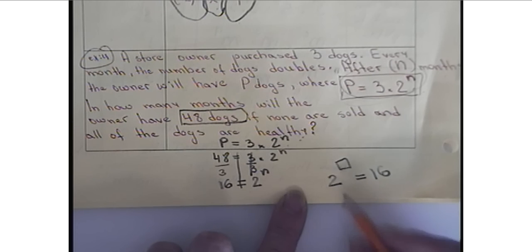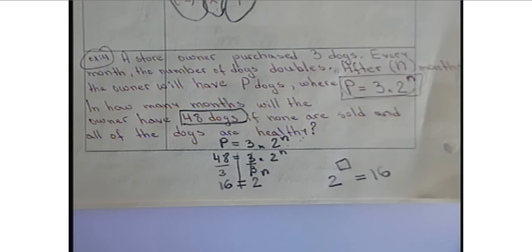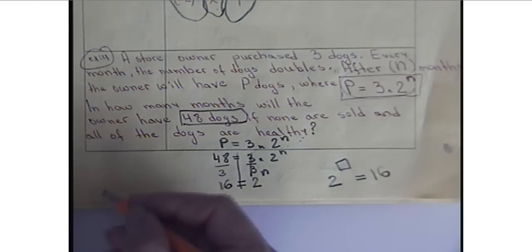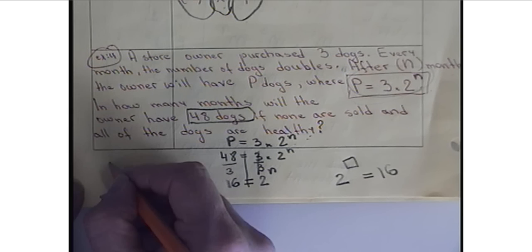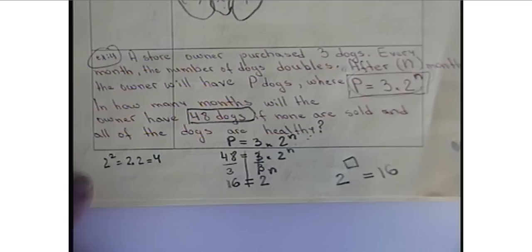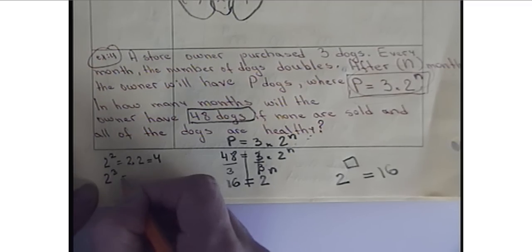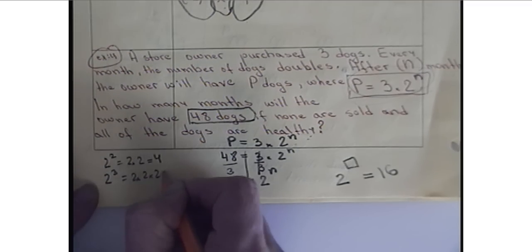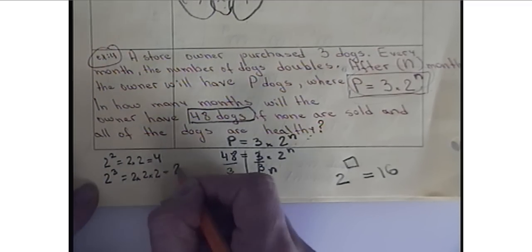If it's 2 squared, that will be 2 times 2, which is 4. Then we have to multiply by another 2. So let me write this down here. We have 2 squared, which is 2 times 2, 4, but this is not enough. So 2 to the third will be 2 times 2 times 2, which is 2 times 2, 4, times 2, 8, not enough.